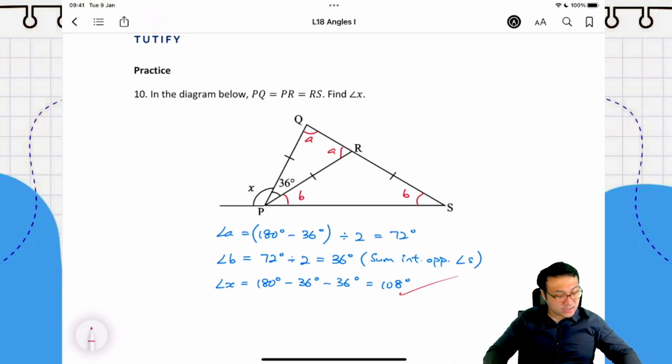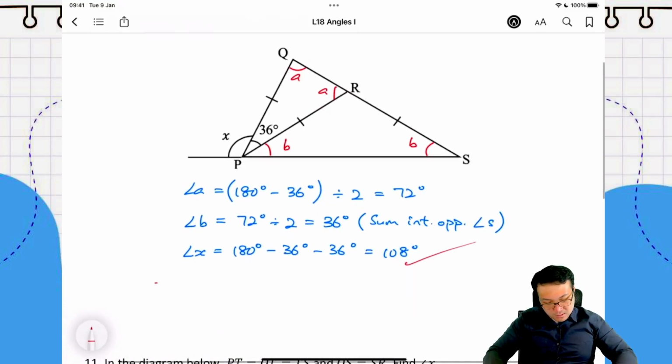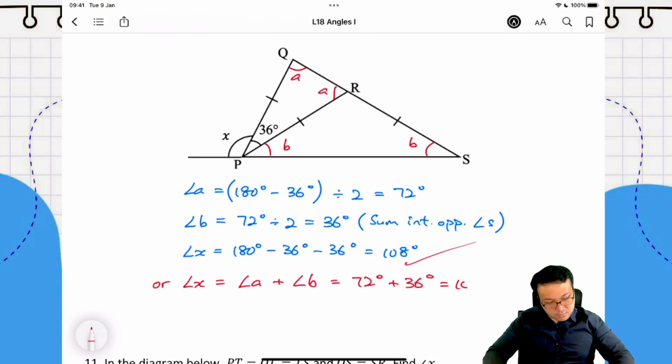There's another way to find angle X. I can also say that angle X equals angle A plus angle B, which is... what rule am I using?